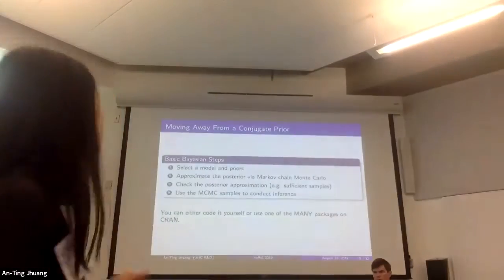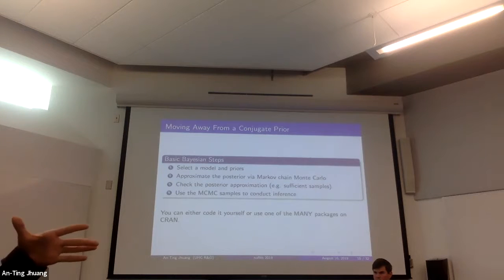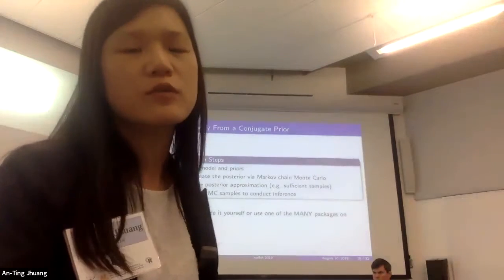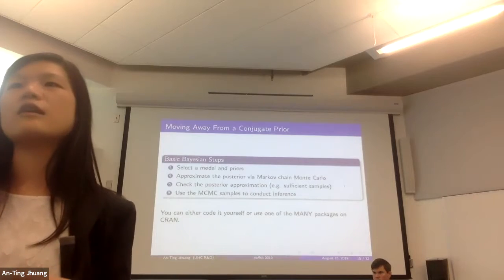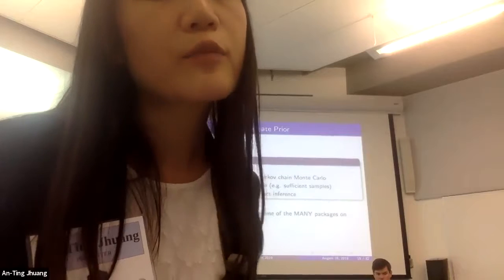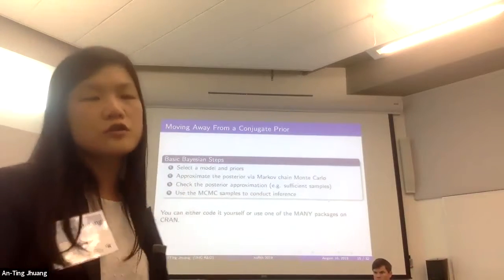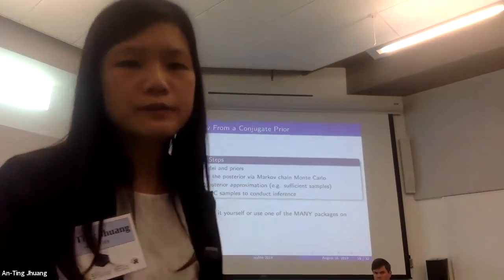The same part is that we start by selecting a model and prior, but the different thing is we will approximate our posterior using MCMC, which is Markov chain Monte Carlo, a very important piece of Bayesian statistics. Then the third step, we will check the posterior approximation and finally use our MCMC samples to make any inferences.